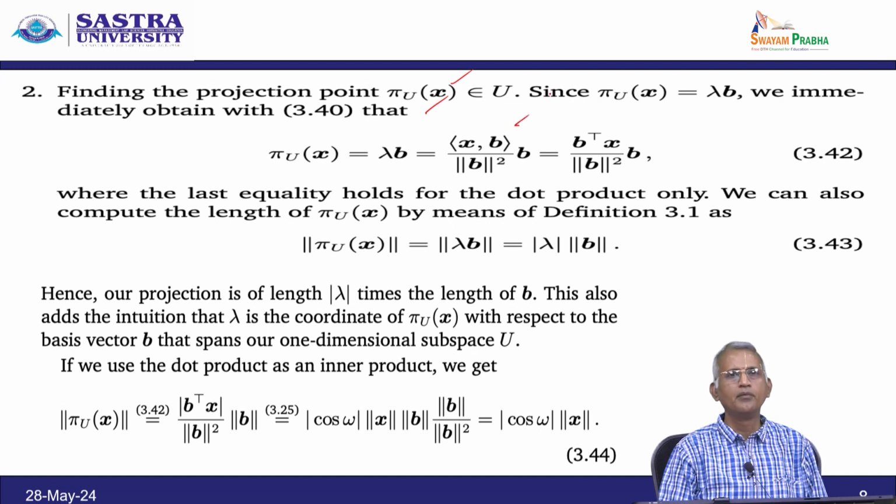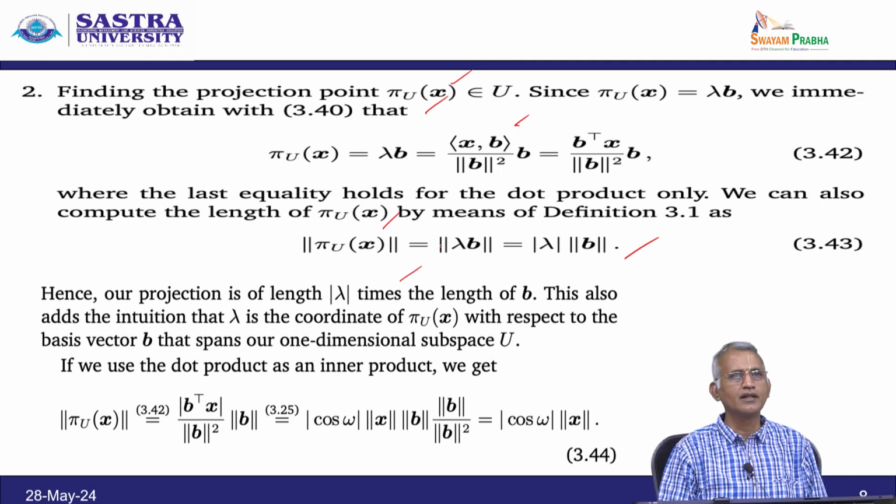So, b transpose x divided by norm b squared times b, that is equation 3.42, where the last equality holds for the dot product only. We can also compute the length of pi u of x by means of definition. So we have the norm of pi u of x equal to the norm of lambda b, which is equal to modulus lambda times norm b. Hence our projection is of length modulus of lambda times the length of b.